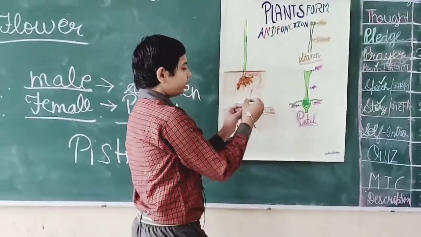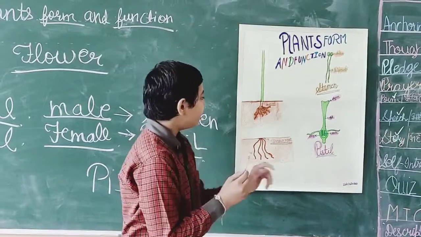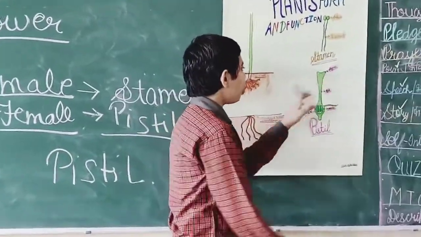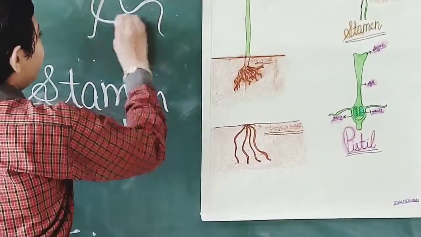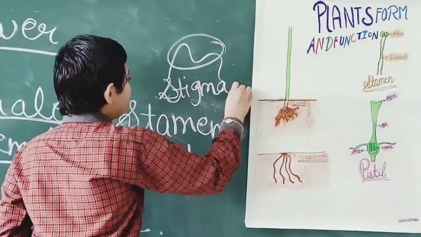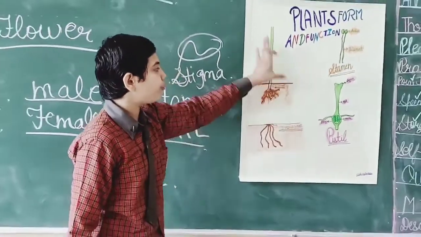This one is called the style. See in the picture, this portion is known as the stigma. These are the female parts.